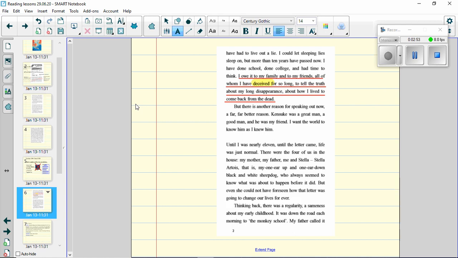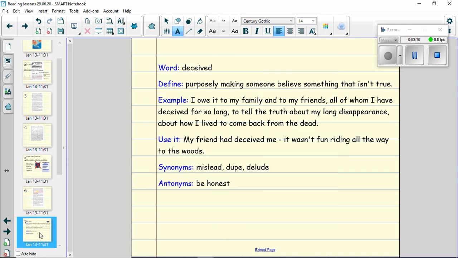So because it says there that I now owe it to them to tell them the truth, then I'm thinking, well, obviously deceived means that you've not told them the truth. So I've deceived them for so long. So I've not told them the truth for so long. Okay, and that's what I put there. Purposely making someone believe something that isn't true. So the narrator in this, they've told them something which isn't true. They've made them believe it.